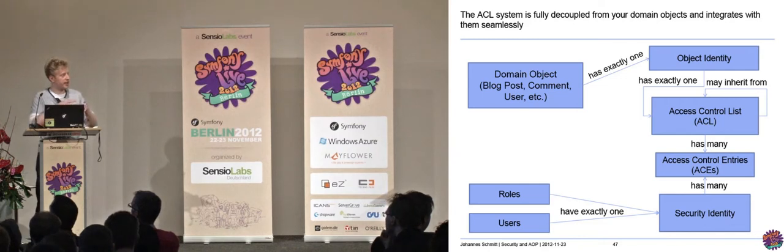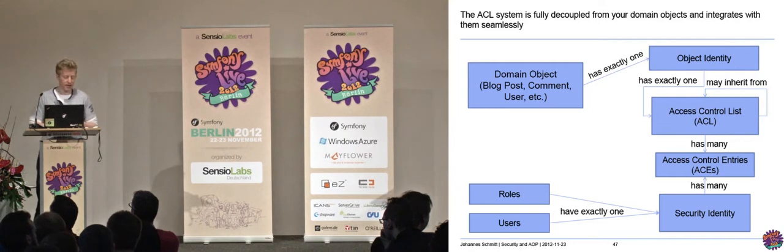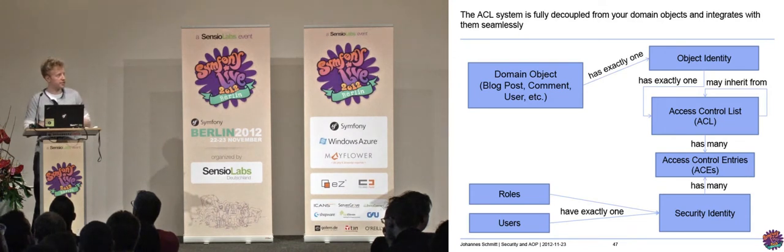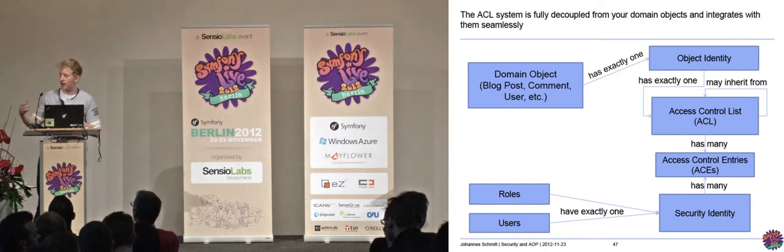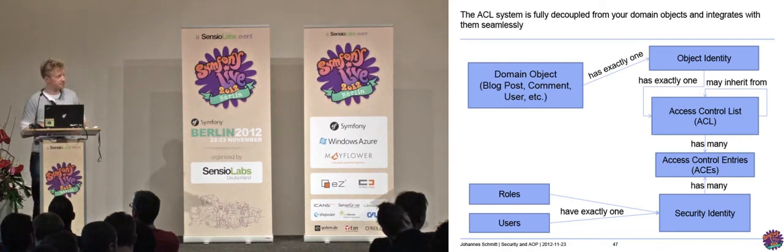So if you have a domain object, like a post or a thread or a comment, that you want to restrict access to, then the ACL system knows nothing about that object, but only has an object identity. That's mostly just, in that case, the class name and an ID for that, maybe your primary key, for example, that the ACL system knows. And each domain object has exactly one object identity and one ACL, which is stored in the system.